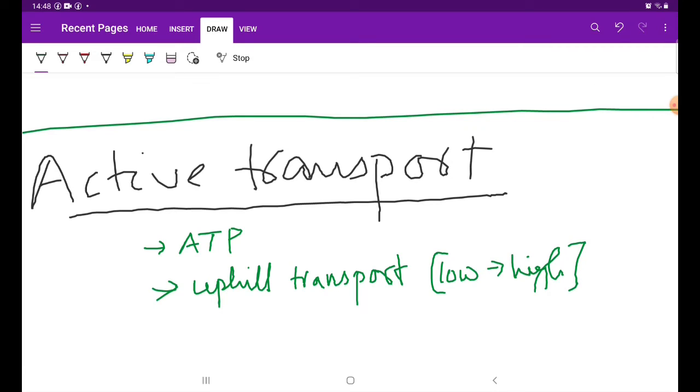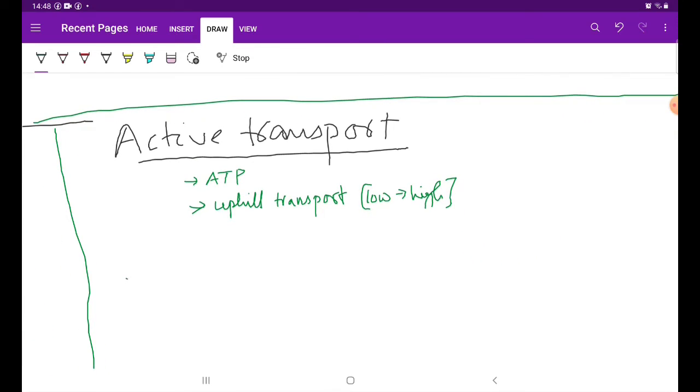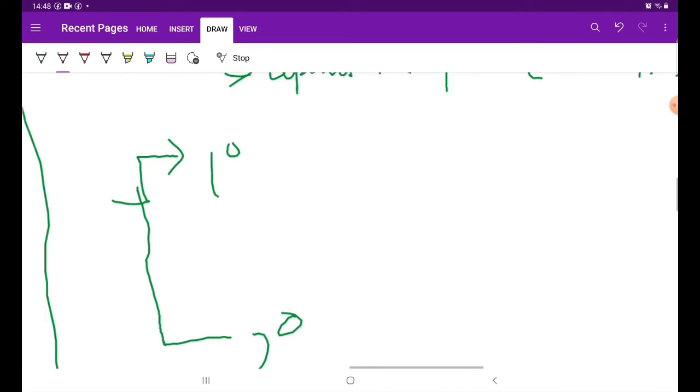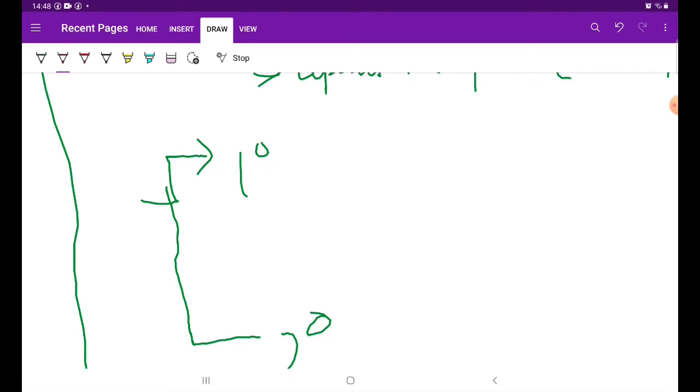Now the active transport can be classified again into two: primary active transport and secondary active transport. So let's talk about primary active transport.